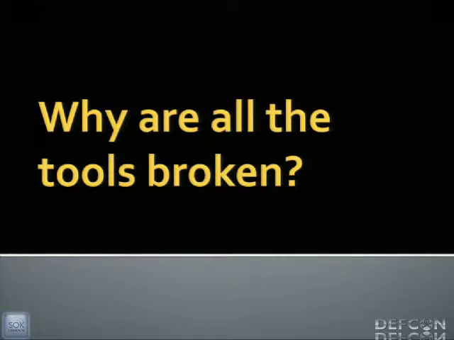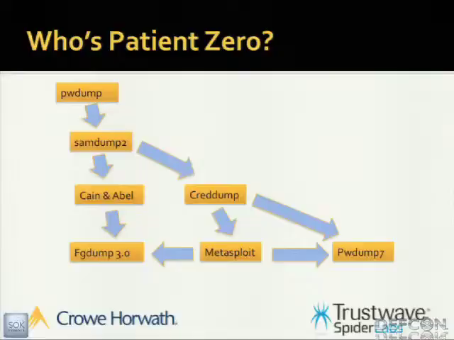Where did this decision-making process come from, this logic that allowed us to determine how we're going to parse our hashes? What we did is we looked at a number of change logs, blog posts, attributions, and Twitter messages, I think in some cases, to figure out how these tools are influenced by the tools that came before them. So we put together a relational diagram that shows how these tools were influenced.